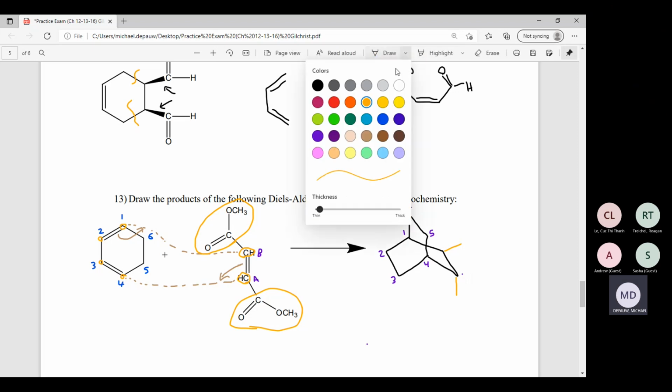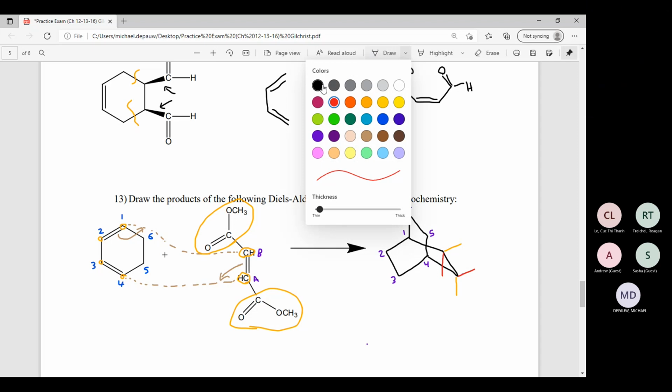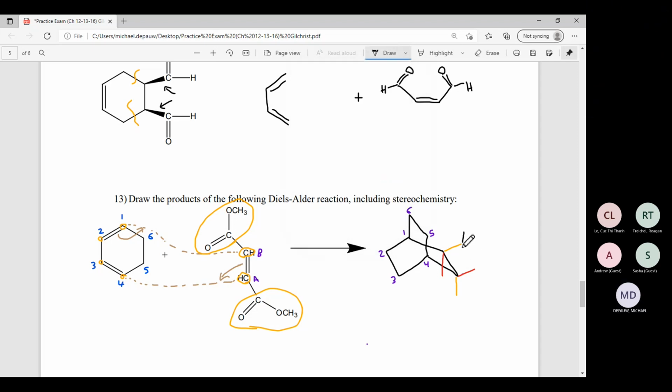Let me change the color. Essentially I'm going to have this C double bond O, single bond OCH3 up here.